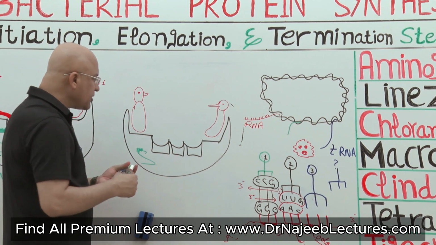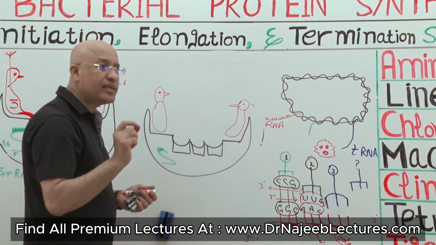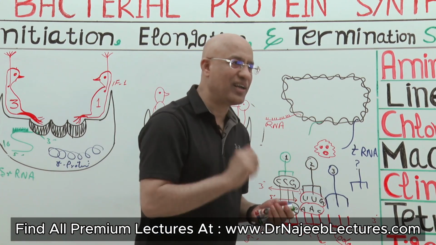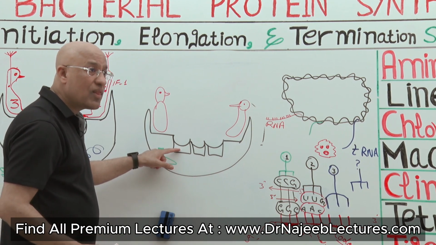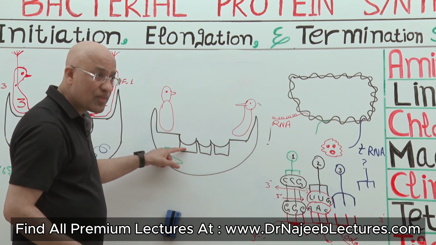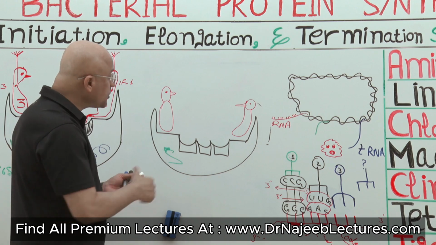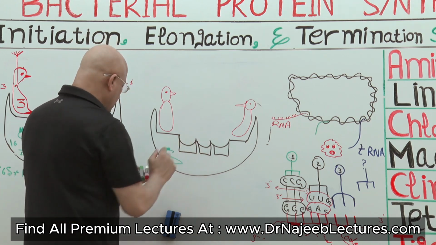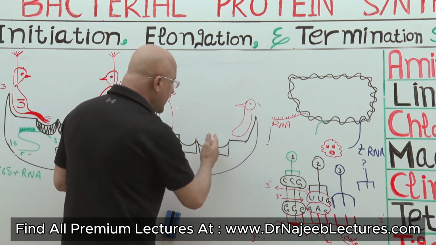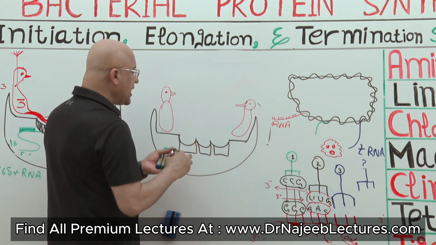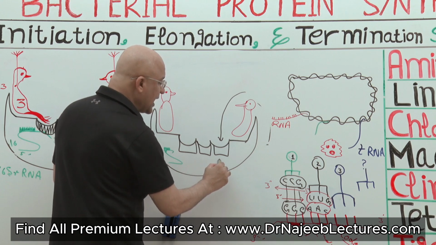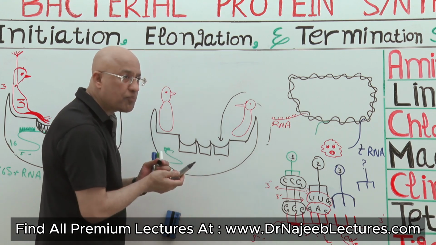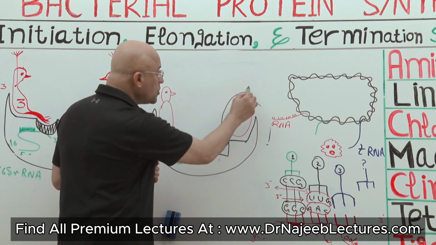Actually these pockets bind the transfer RNA. These three pockets are transfer RNA binders, right? Which we will see later. But when transfer RNA are binding here, they arrive at this point. So this pocket is called the arrival pocket, for the new transfer RNA.